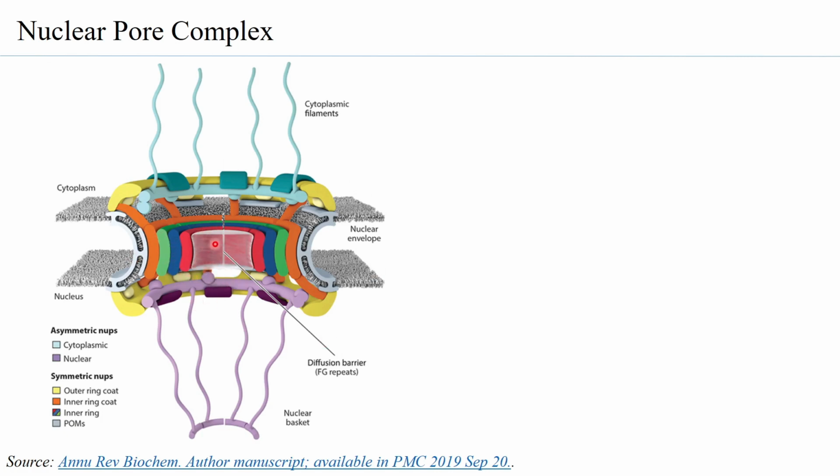So, before we get into a little detailing on this, another important fact is that you have certain cytoplasmic filaments present, and similarly, you have nuclear filaments also present, and this forms a kind of basket inside. So this is therefore the basic complex that is made up of the 30 nucleoporins, and we will now slowly look at the function of the nuclear pore complex.